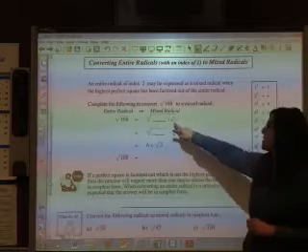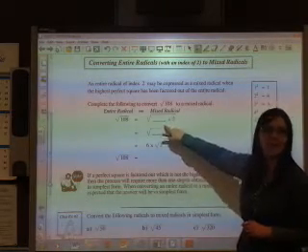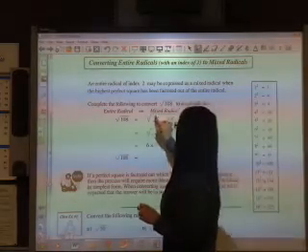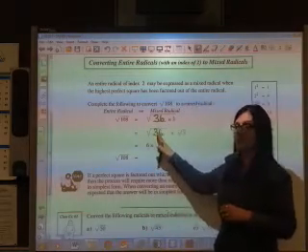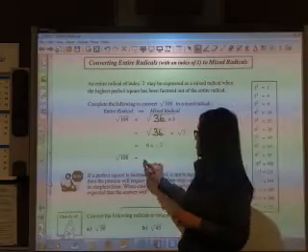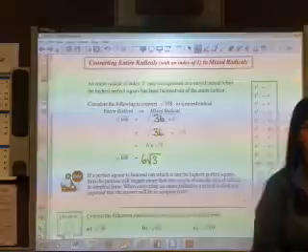So they've given you a hint. I can divide it by 3. What's 108 divided by 3? And the square root of 36 is 6. So the square root of 108 becomes 6 root 3.